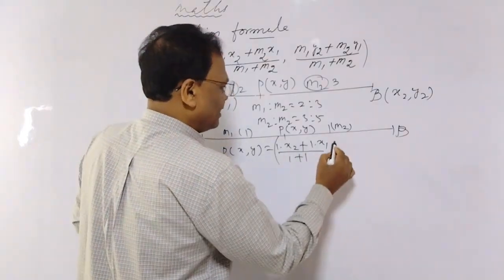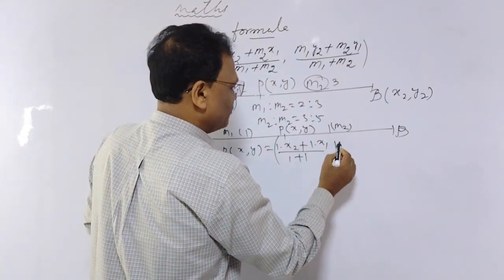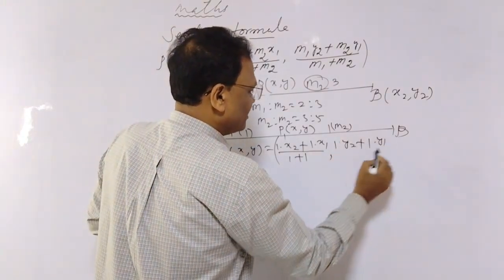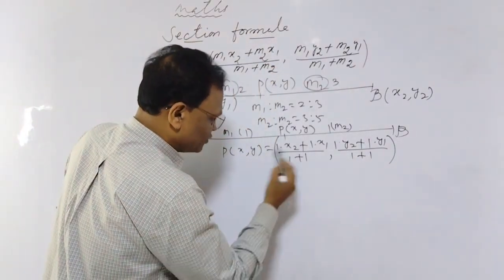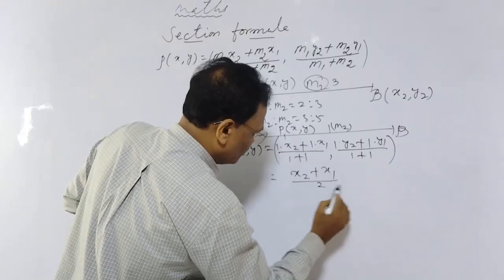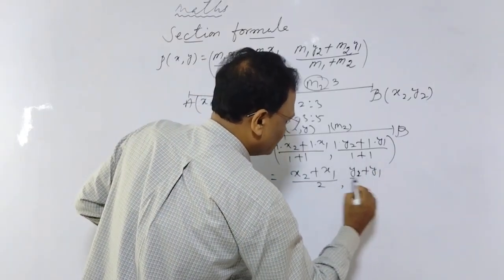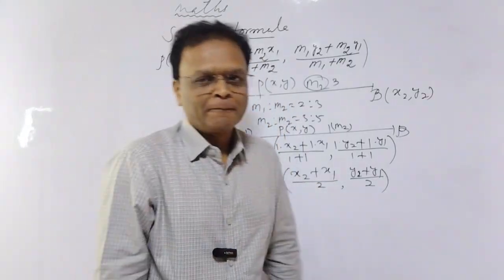M1 is 1, and m2 is again 1. Again m1 y2 plus m2 y1 divided by 1 plus 1. So this becomes 1 into x2, that is x2, plus x1 divided by 2, and y2 plus y1 divided by 2. This becomes the midpoint formula.